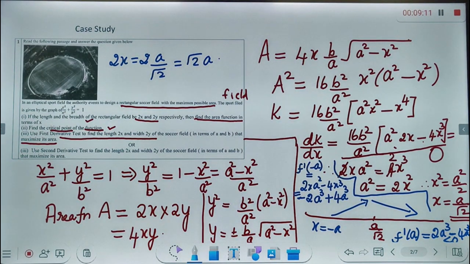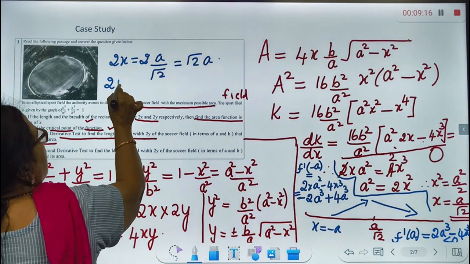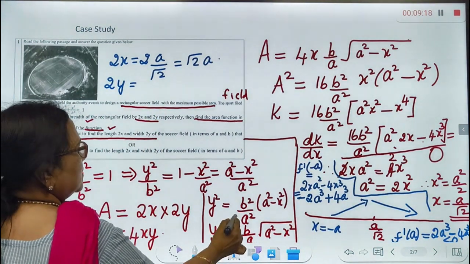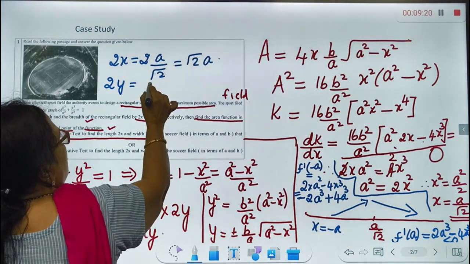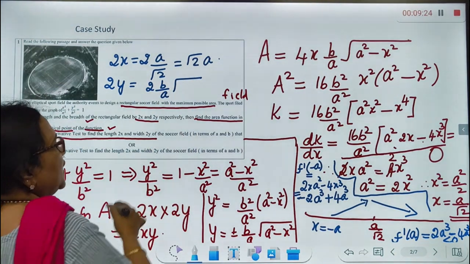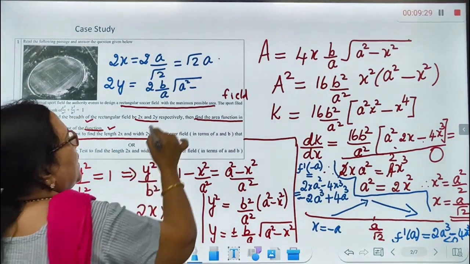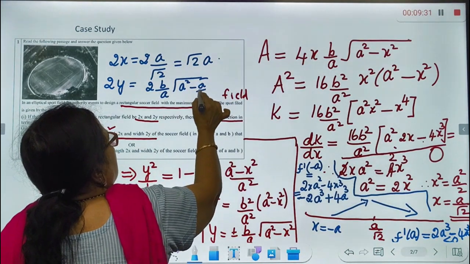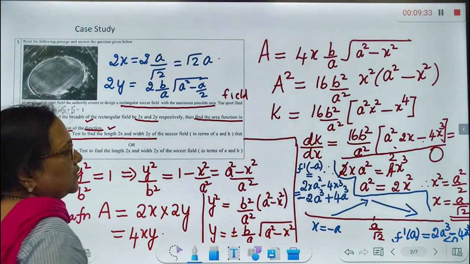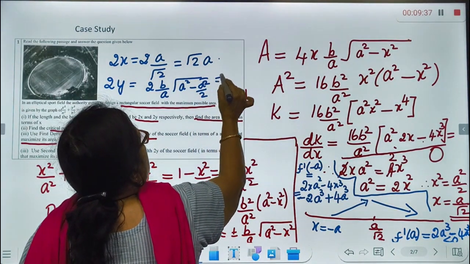I have to find 2x and 2y. 2y will be, y is b by a, so 2 times b by a root of a square minus x square. X square will be a square by 2.